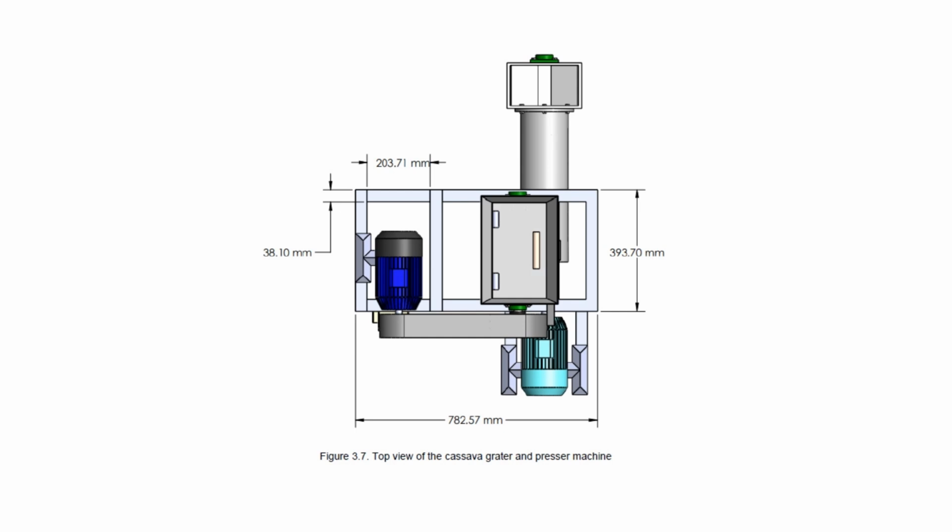So you can present various views of your figure, just like this one. You present the top view. You may also present other views as needed, but do not present those views that are not really necessary. Just present the important views.